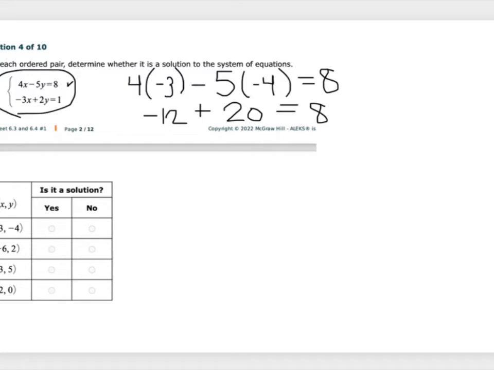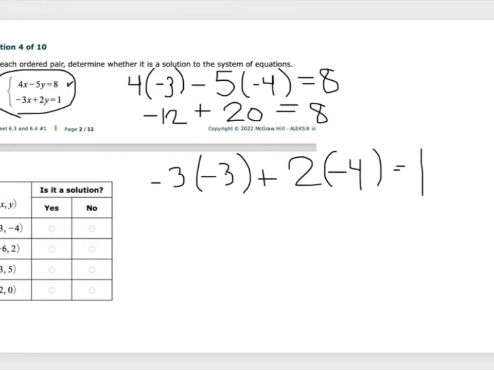So now we're going to look at the second equation, which is negative 3x plus 2y equals 1. Okay, so the x is negative 3 that we're trying, and the y is negative 4. So this is 9 minus 8 is 1, and that is also true.